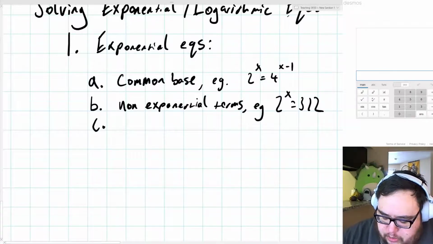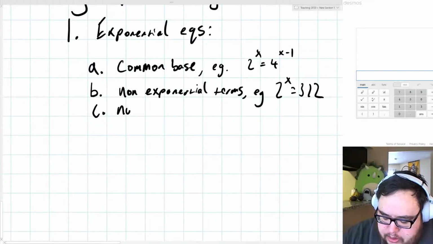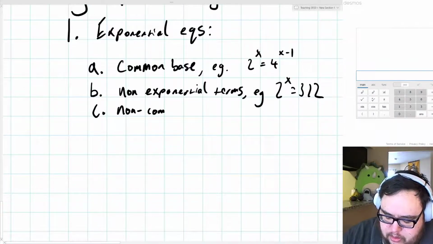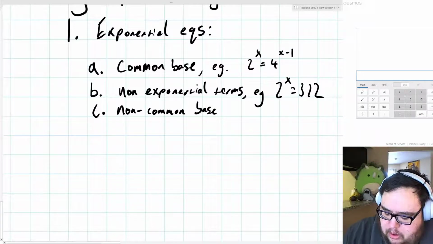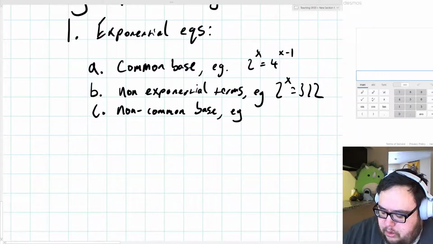And then thirdly, we had non-common base. For example, 2 to the power of x is equal to 3 to the power of x minus 1.